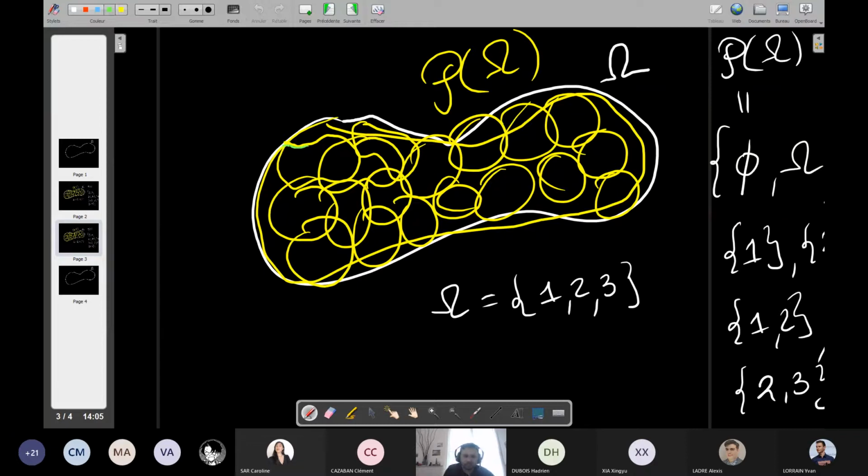Let's say I will take this one and this one too, and of course omega, but I take a subset of P of omega. So a sigma field F is a subset of P of omega.